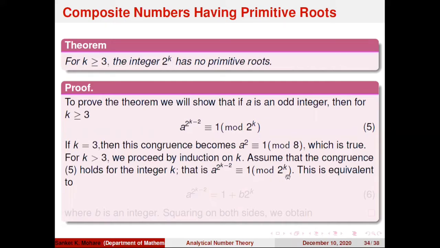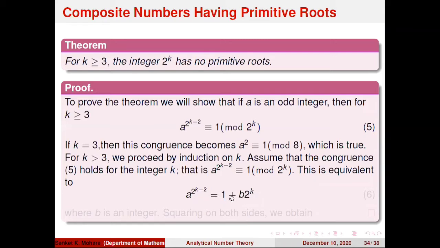Look at this congruence: a to the power 2 to the power k minus 2 is congruent to 1 modulo 2 to the power k. This means 2 to the power k divides a to the power 2 to the power k minus 2 minus 1, the difference of these two numbers. And this implies a to the power 2 to the power k minus 2 equals 1 plus some integer b times 2 to the power k.